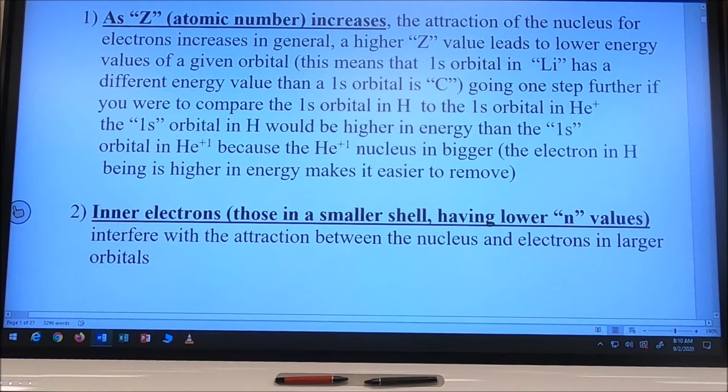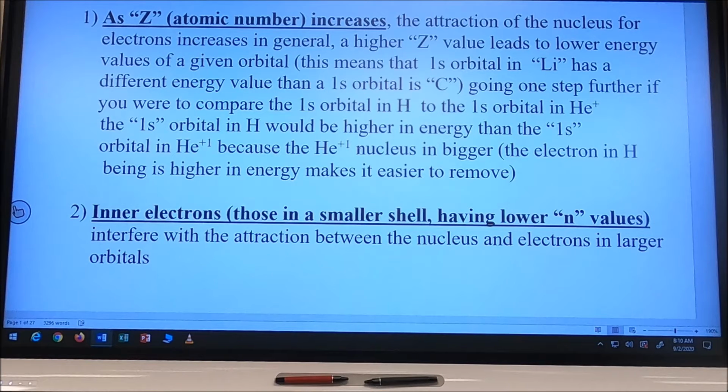So if we look at the s orbital in hydrogen and the s orbital in helium 1 plus, the s orbital in hydrogen is higher in energy than the s orbital in helium 1 plus because the helium 1 plus has a bigger nucleus. So the Z number affects the energy of an orbital.